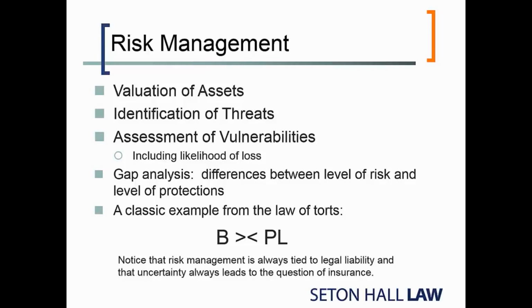So if the burden for the defendant, the allegedly negligent party, is lower than PL, which is really the cost to society, the cost to the injured person, then we say, well, then the potentially negligent party has the duty to insure, and that includes taking steps to mitigate the risk and spending some money to enact precautions, and often literally purchasing liability insurance, so that if the risk is realized, there's some way of compensating.